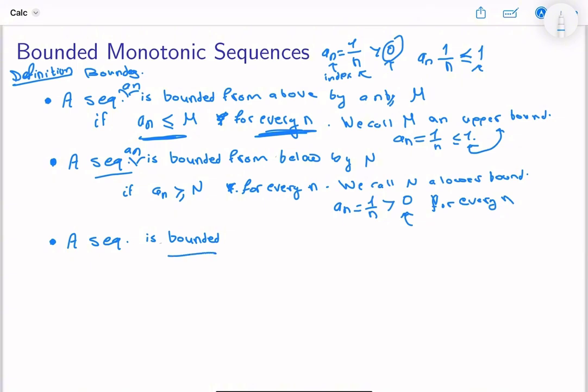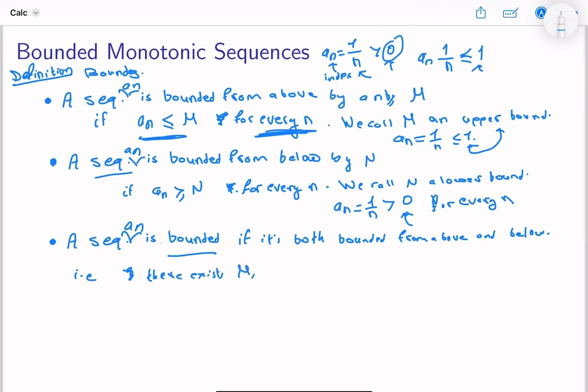Now, a sequence that is both bounded from above and below is called a bounded sequence. So a sequence an is bounded if it's both bounded from above and below. In other words, there exists a number m and a number n such that an is between n and m for every n.